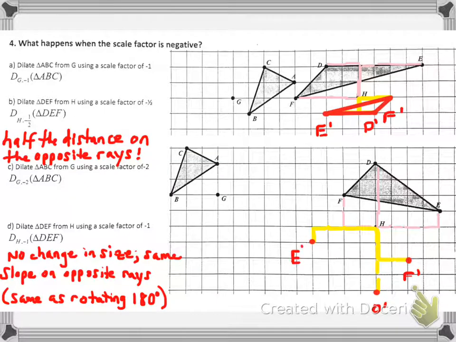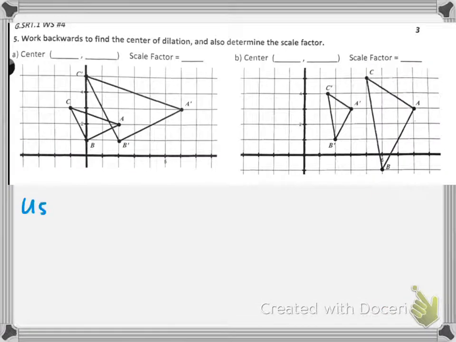And you can see that, remember a 180 degree rotation? If you drew line segments from E to E prime, it goes right through H and it's on a straight line together. They're collinear. Same thing from F to F prime goes through H, and D to D prime goes through H. So they're on opposite rays.